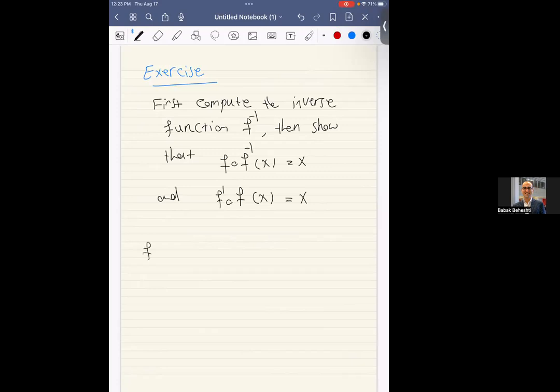So for this, f of x equals 3x minus 5 divided by 2x. So first compute f inverse, then show that when you combine f with f inverse, you get x from two sides. Sorry, the second one is f inverse of f.